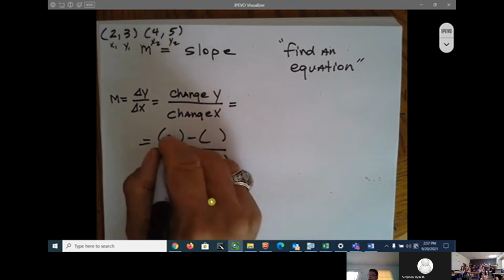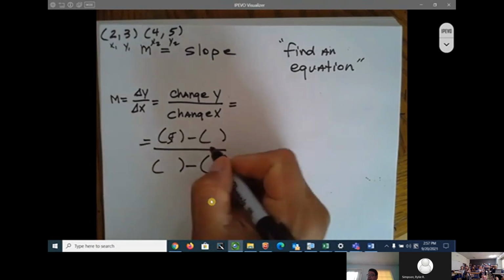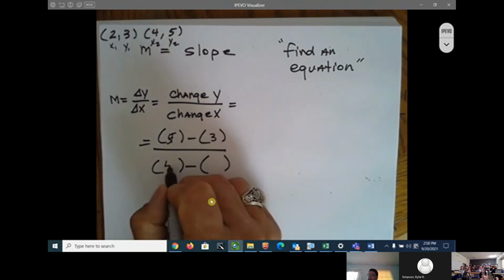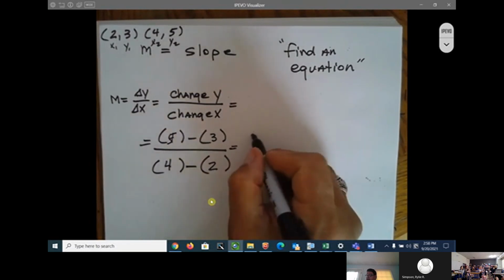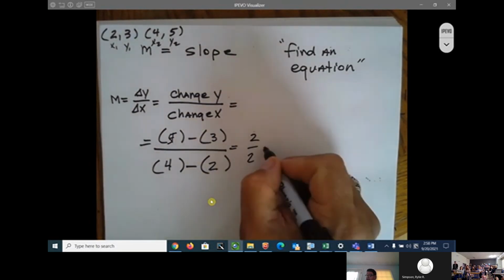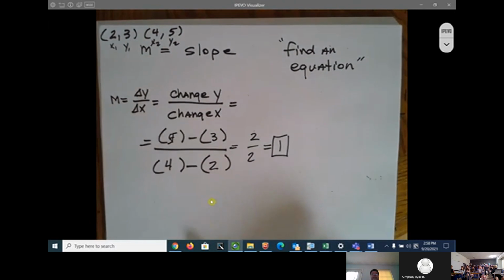So (5 minus 3) over (4 minus 2), and that's going to equal 2 over 2. So the slope is equal to what? 1.